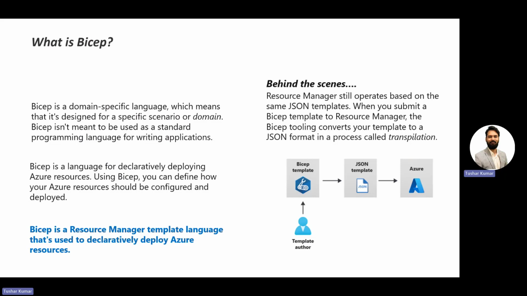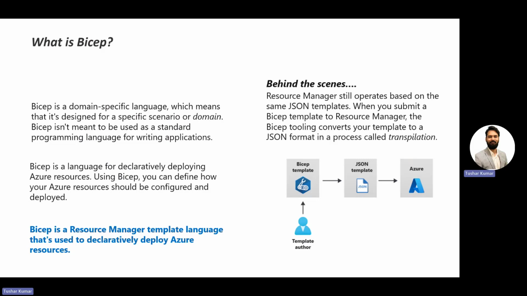These are the same old ARM templates that we used to write in JSON, which get submitted to the ARM layer and get deployed. So when you submit a Bicep template for deployment, what happens underneath is that it is converted into JSON, and that JSON is deployed to Azure. That process is called transpilation.